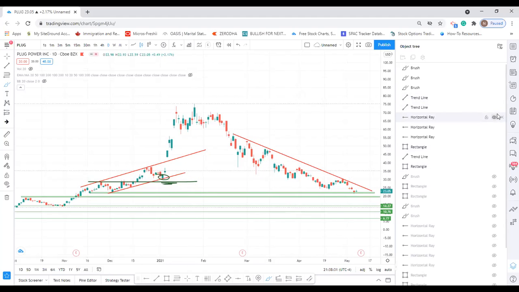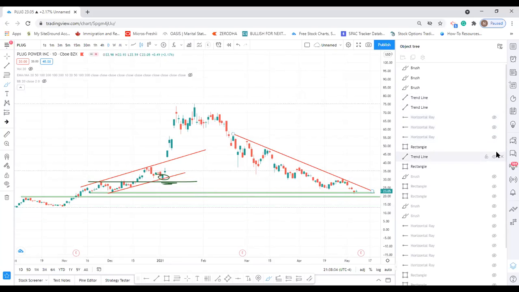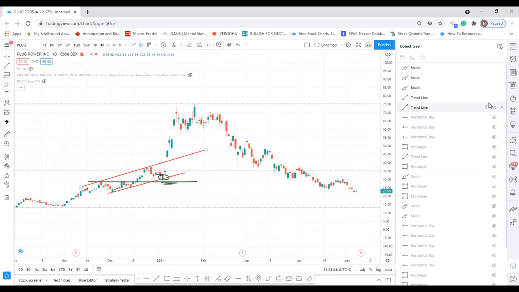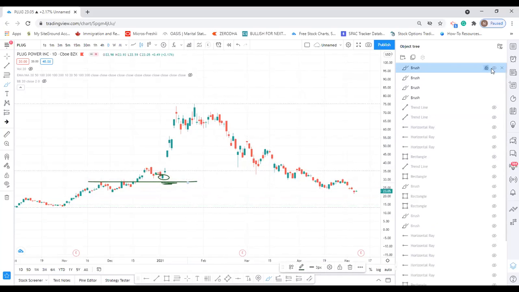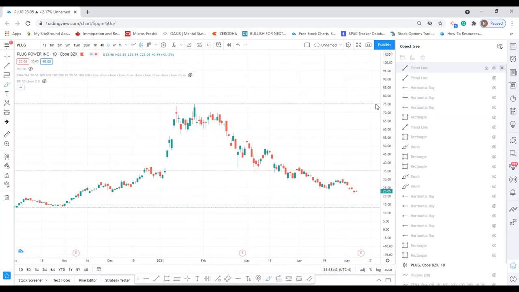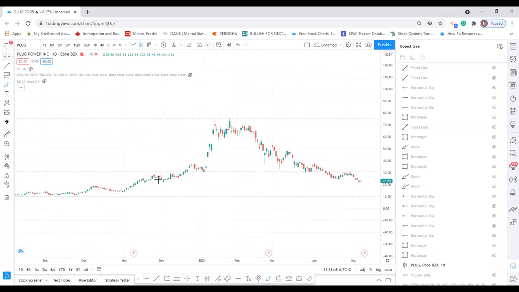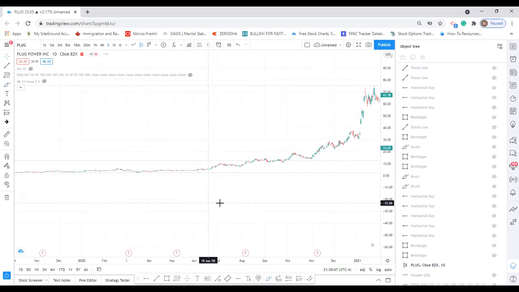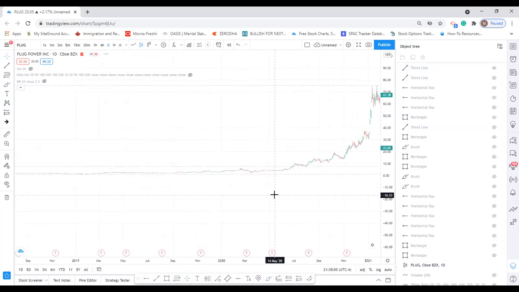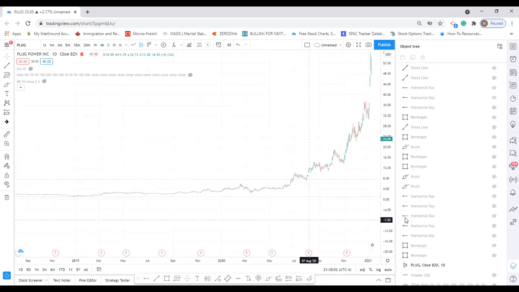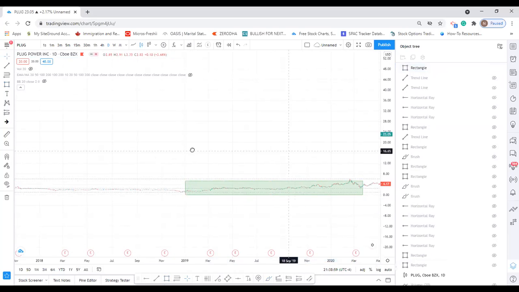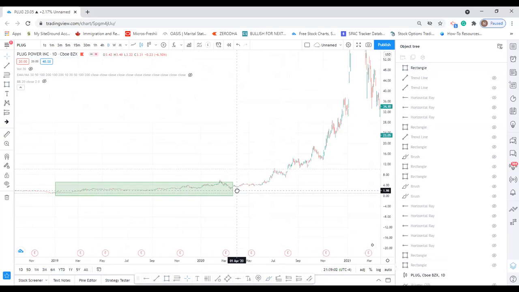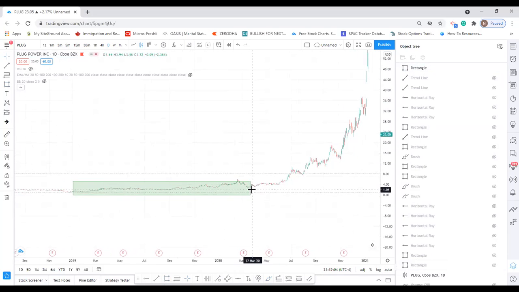So I'm gonna close all these, I don't need them. Okay, so see this one. So many times, if you see this area particularly, the big players were gathering their positions.